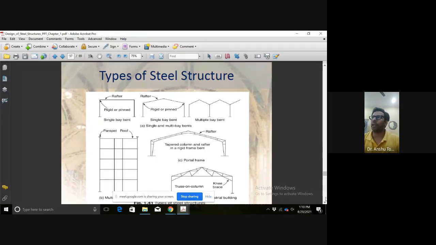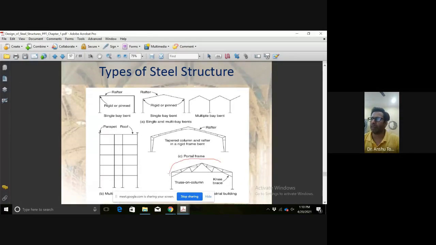Types of steel structure, as we can see, I have already given you the example. This is the most common example. Trusses. The small elements, these angle sections, or sometimes pipe sections in square or rectangular shape, are combined together to form trusses.